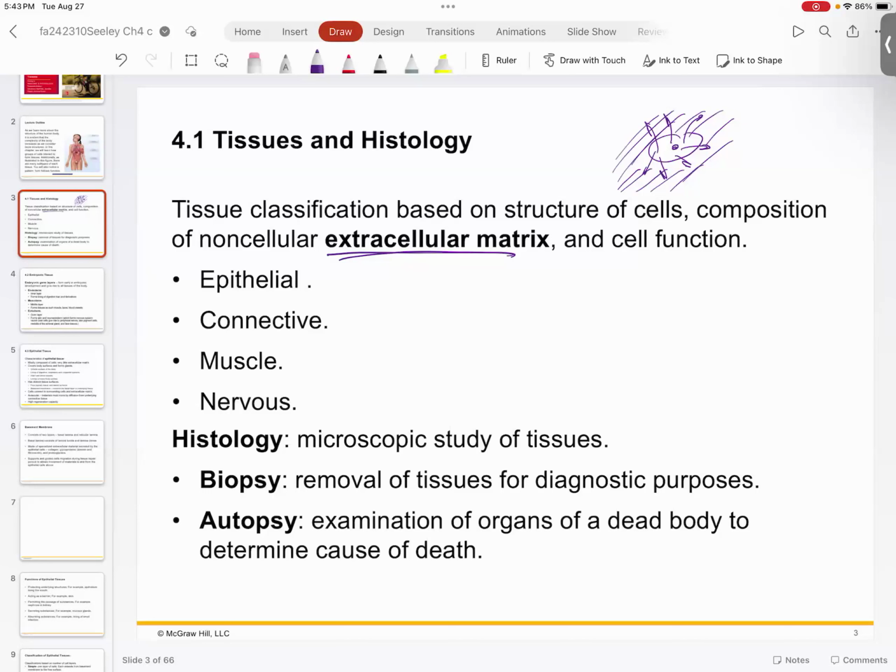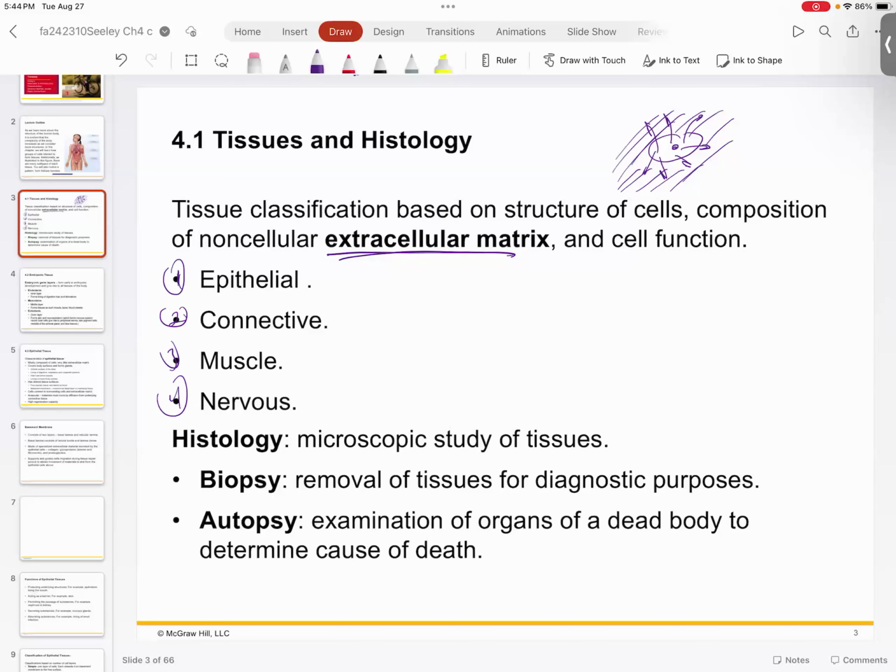Tissues are fundamentally just cells of a common type that are fastened together in sheets to do a common function. That's what they're designed to do. And we have 4 major types of tissue: epithelial tissue, connective tissue, muscle, and nervous tissue.